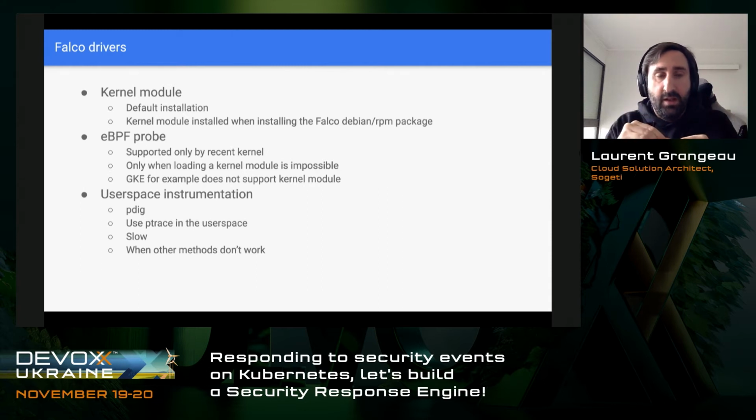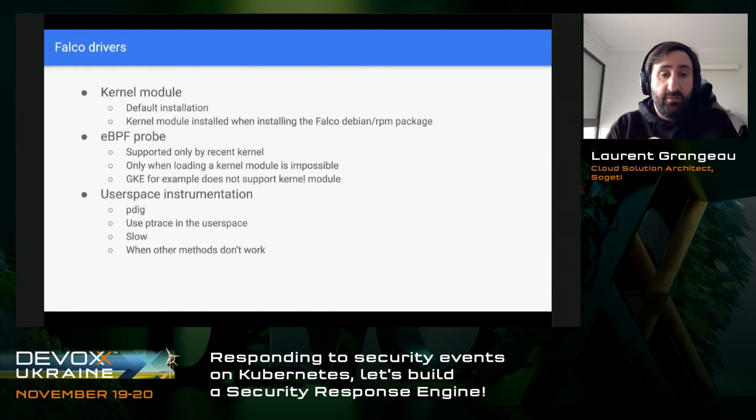And of course, the third installation, you have a little binary called pdig that can be used in user space, and it's really like strace, for example, that intercepts syscalls, but it's really slow.